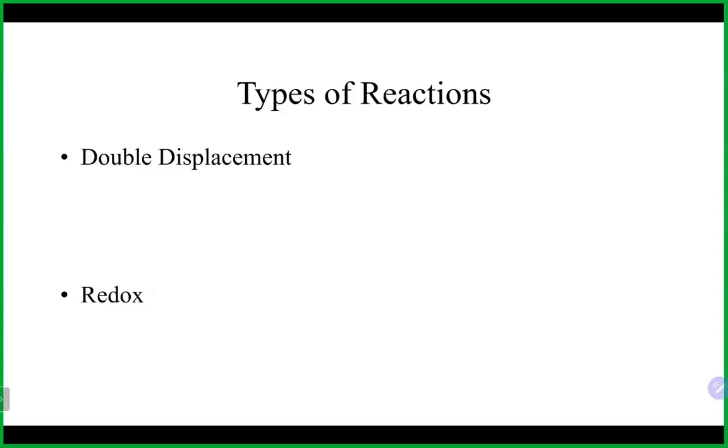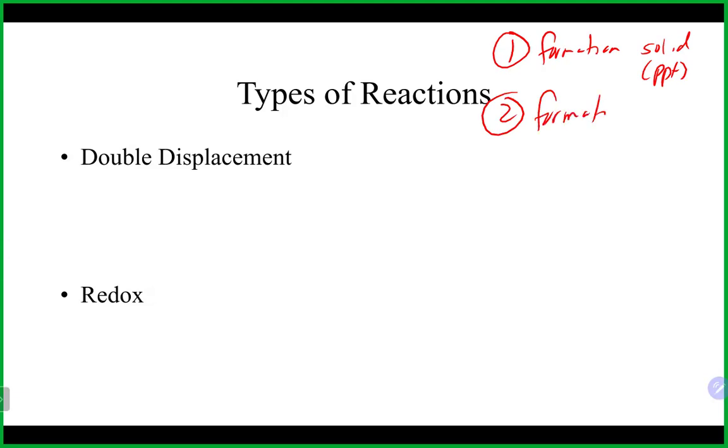When you boil down pretty much all reactions, basically all reactions occur for really three reasons. One reason why a reaction occurs is the formation of a solid, which is sometimes referred to as a precipitate, the formation of water, and lastly, a transfer of electrons.